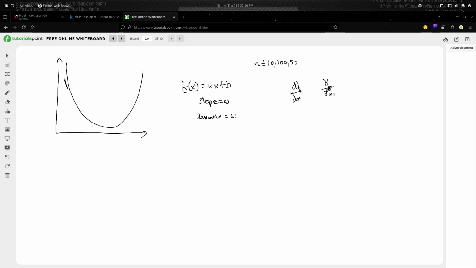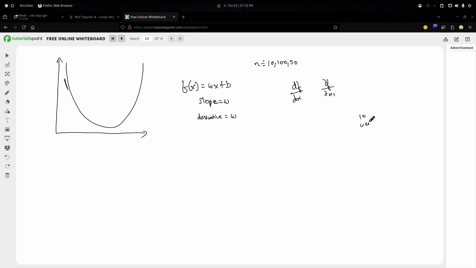If we have 10 features, we will have 10 weights, and for each weight we have a derivative. That's why we compute partial derivatives, and all those partial derivatives together we call the gradient.